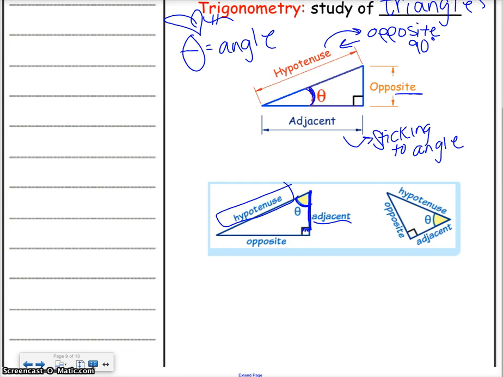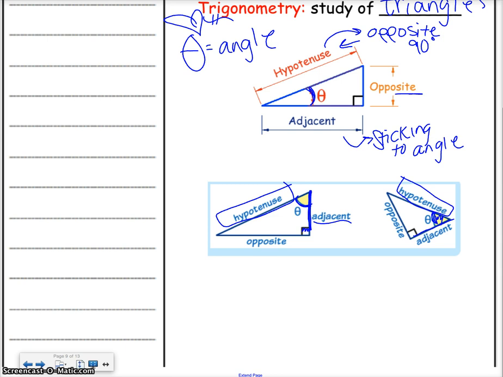Just again, this is just visuals, so you can identify adjacent, opposite, hypotenuse. So let's say that my angle is right here. Here's theta, some random angle. Adjacent sticks to theta, but hypotenuse is sticking to theta too. It's just hypotenuse is opposite the 90 degrees. That's how you can always tell the difference. Hypotenuse is always opposite the 90 degrees.